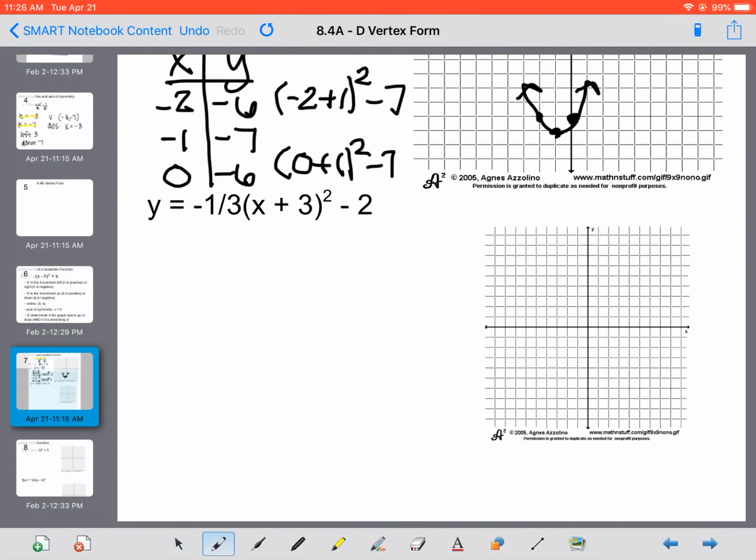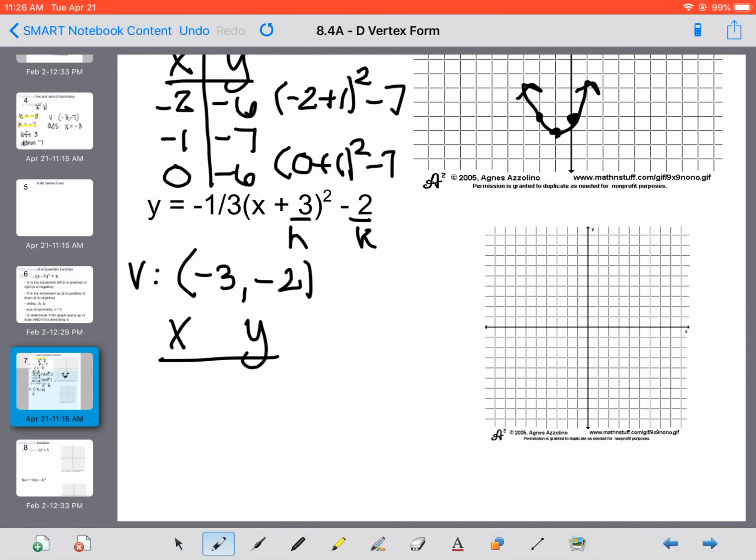Let's look at the next one. So here we have an a value out in the front, so that's going to take a little bit more evaluating, but here is our h and our k. H is opposite, which means h is -3, which means my vertex is going to be at -3 and k is -2. So there's my vertex, and then we make our table of values, put our vertex in the center, and then go 1 below, which is at -4, and 1 above, which is at -2.